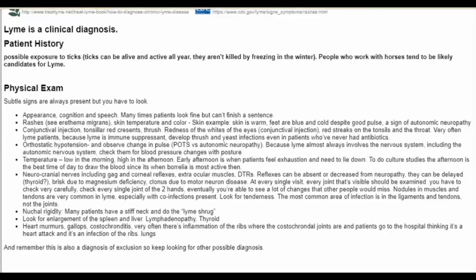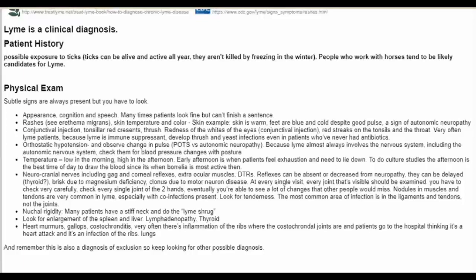So another one is, if people tend to get candida easily, or this candida overgrowth. Thrush is where the candida is in the mouth. If they're getting that kind of thing, that's another symptom. Another symptom you look for is something called orthostatic hypotension.